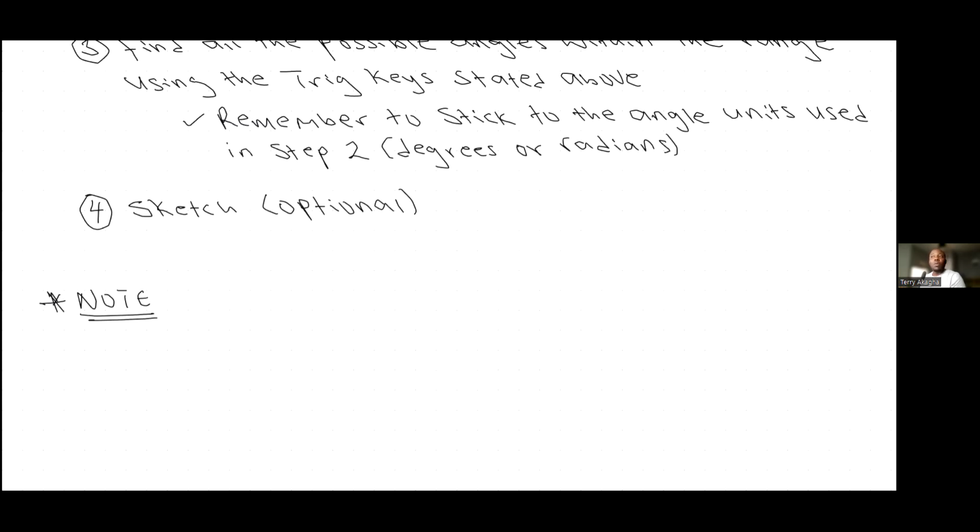So if you're very comfortable with degrees and the question was in radian, it's fine. Solve in degrees, but don't forget at the end to convert it back to radian. It's a good place to go back and be conversant with how to convert from degree to radian. I have a video on that already, so you can go back and have a look.